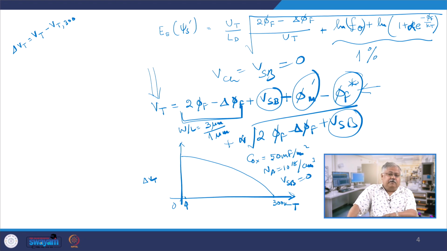And that is the takeaway from all this discussion, that the error in calculating the threshold voltage analytically, or even mathematically and physically, will be highest when your temperature is lowest, or when the temperature is almost near 4 Kelvin.